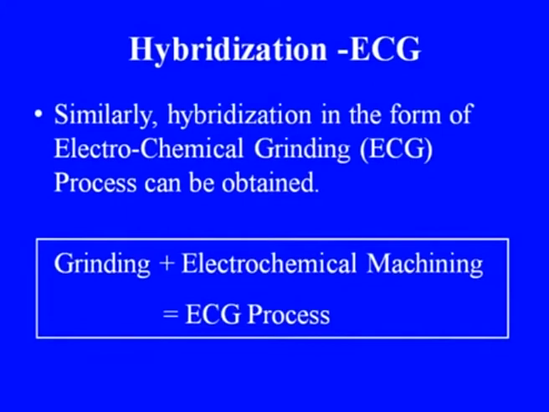Similarly, hybridization in the form of electrochemical grinding, ECG process, can be obtained, in which conventional grinding will be combined with electrochemical machining to obtain the electrochemical grinding process.